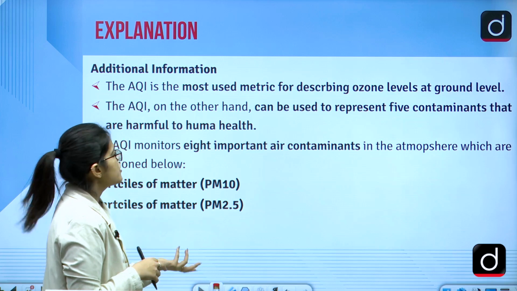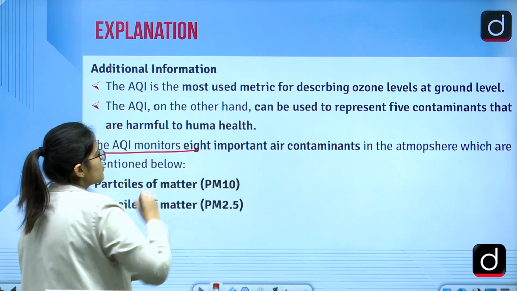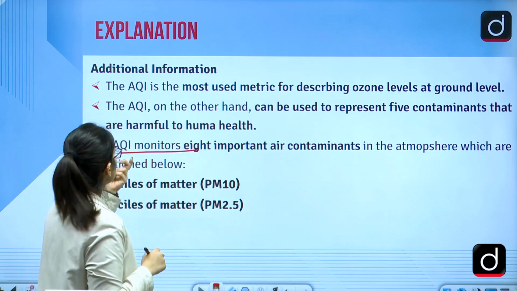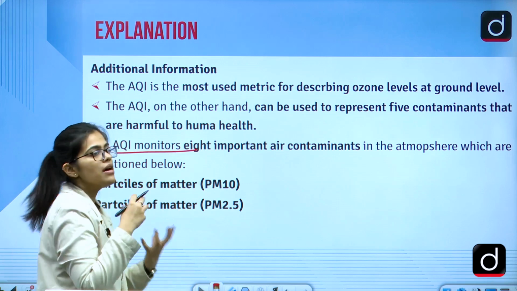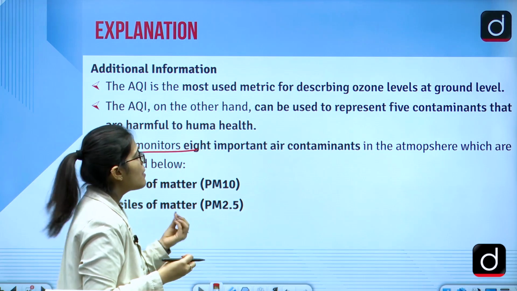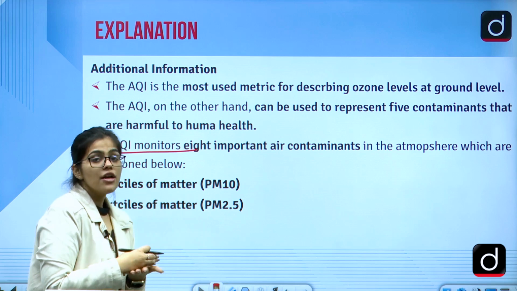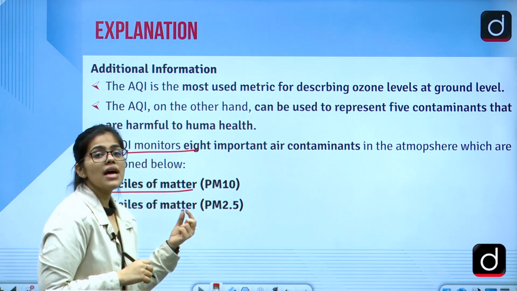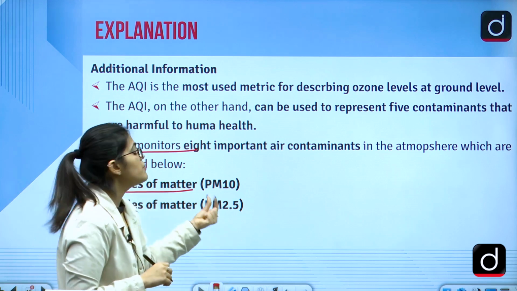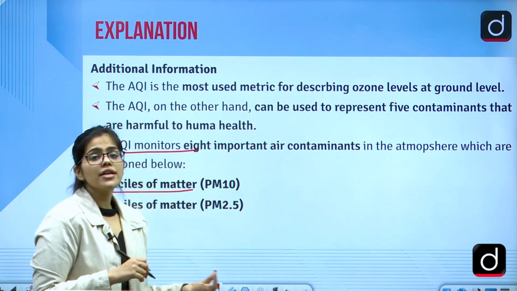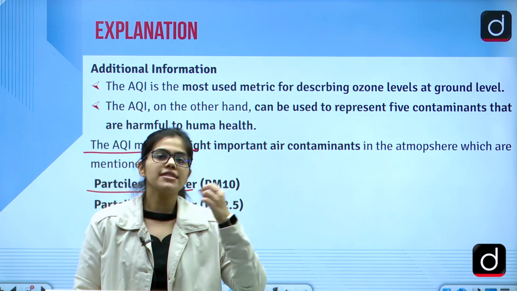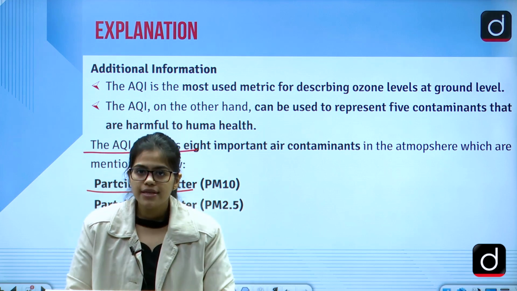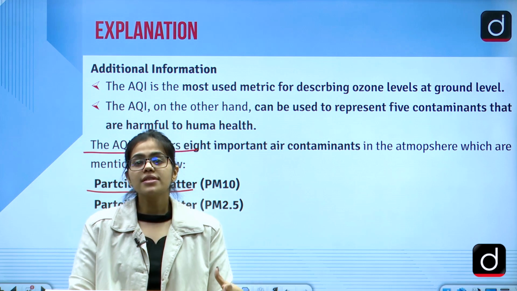So there is some additional information. The air quality index monitors some air pollutants or contaminants that are present. These are the particulate matters, PM10 and PM2.5. Particulate matters are small substances suspended in the air, which are very toxic to breathe.